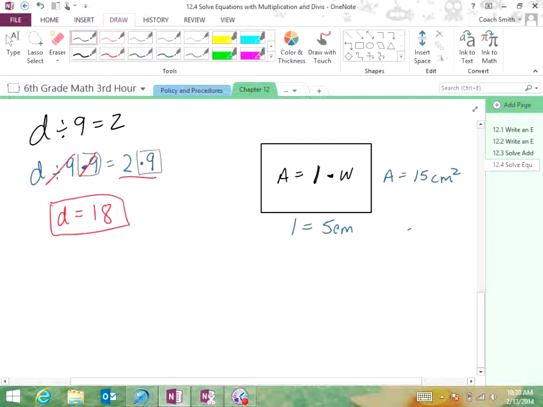So all we have to do is plug in the information that we have, which is 15 equals, 15 is our area, so I put it where the A went. The length is equal to 5 centimeters. I don't need the centimeters on there. I know that the width is going to be centimeters. Times W.